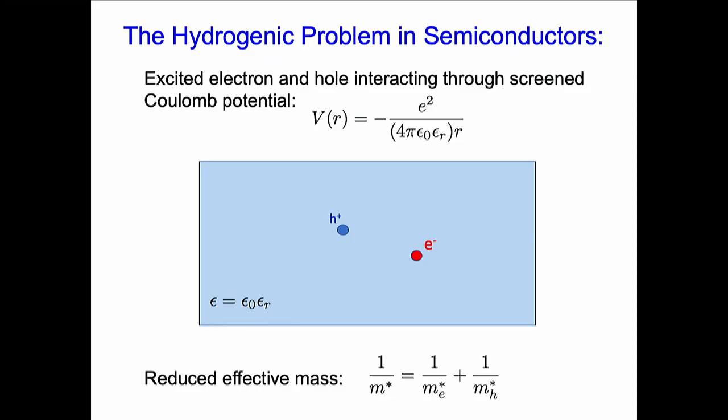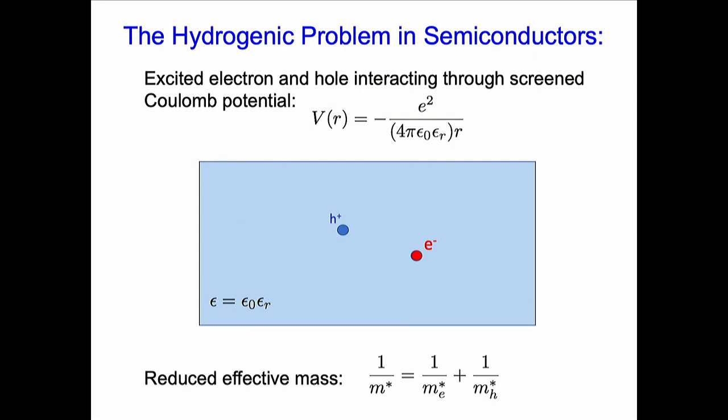So we can go to a similar problem in solid-state physics, to the hydrogenic problem in semiconductors. So assume we have an excited electron in the conduction band and a hole remaining in the valence band. So there are charged particles. They will interact through a screened Coulomb potential, and then basically you have the situation here.